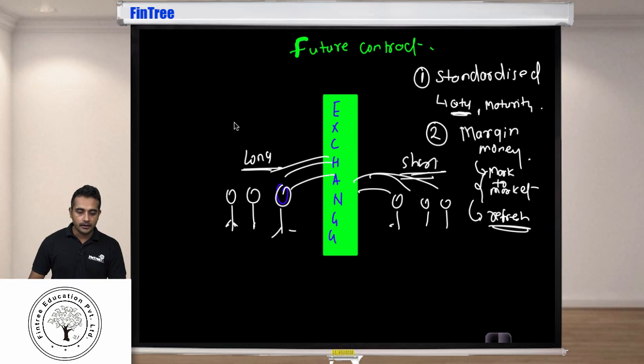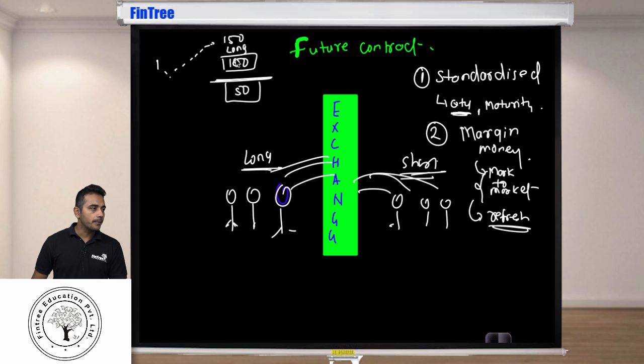Okay, in the morning, yesterday I was having a discussion with level 1 guys. So imagine that you enter into a forward contract on the long side at 100, and then the price of the underlying became 150. So how much profit do you earn here? 50. This is how forwards work.